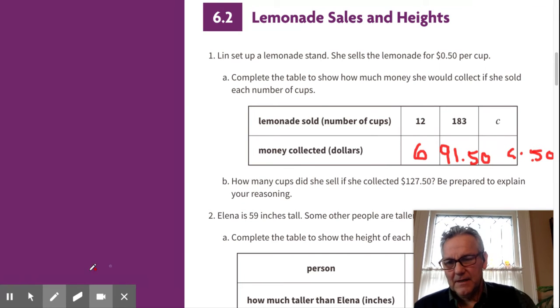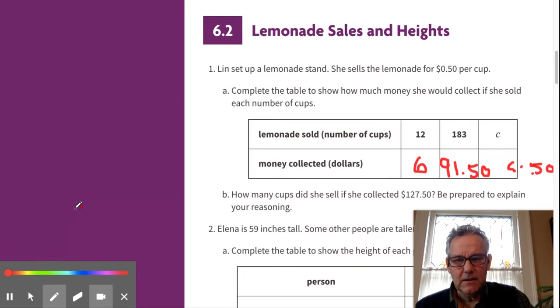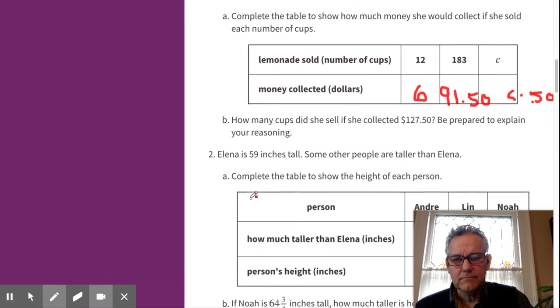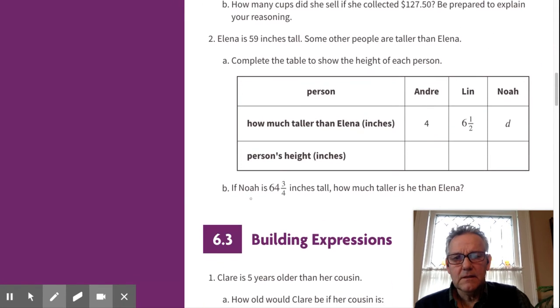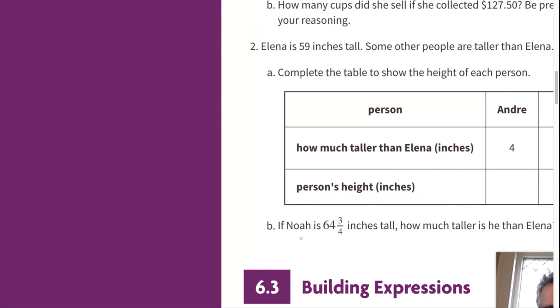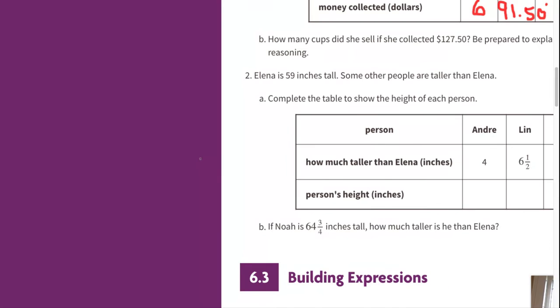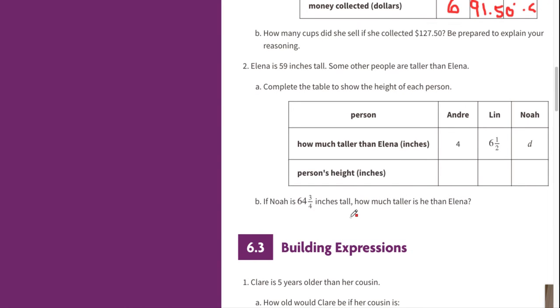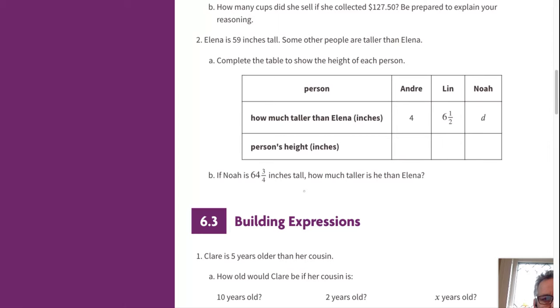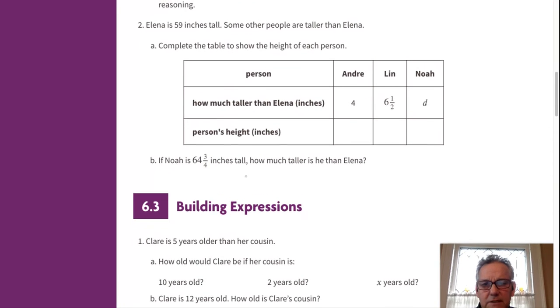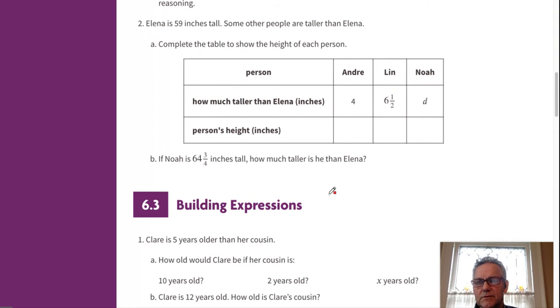Okay. And now on to number 2. Elena is 59 inches tall. Some other people are taller than Elena. Complete the table to show the height of each person. So remember, Elena is 59 inches tall, and Andre is 4 inches taller than that.